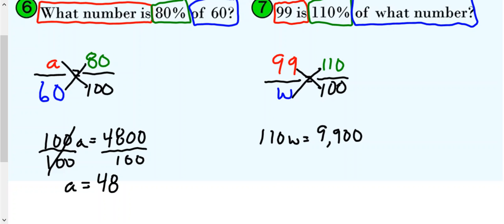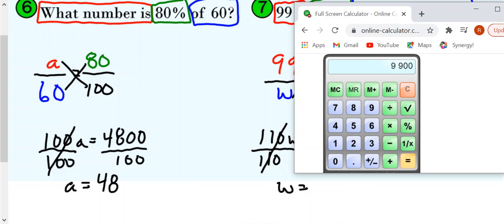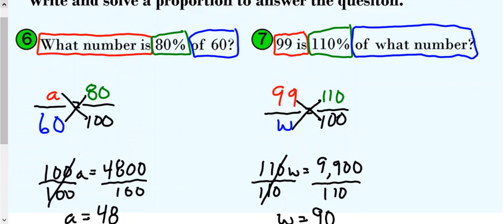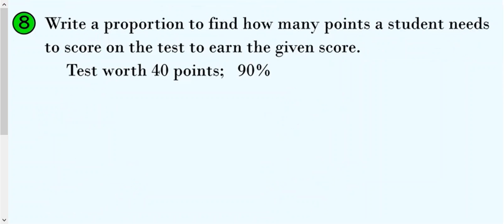Now we have our equation, and we can divide by 110 to solve for W. And that will cancel, leaving just W. 9,900 divided by 110, 9,900 divided by 110 is equal to 90. So that tells us that 99 is 110% of 90. Alright, we got a couple more here. Make sure you have these examples in your notes.